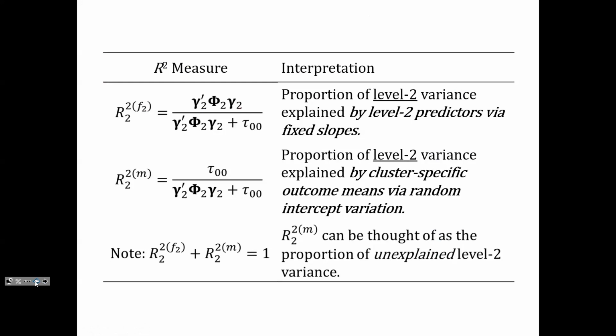Specifically, they don't seem to work well when the number of people per cluster is small. This whole thing works really well asymptotically, which is great. If you have a large number of people per cluster, breaking into the 2 different levels works really well. But if you have a small number of people per cluster, then the partitioning into the level specific variances doesn't work nearly as well as one might like.